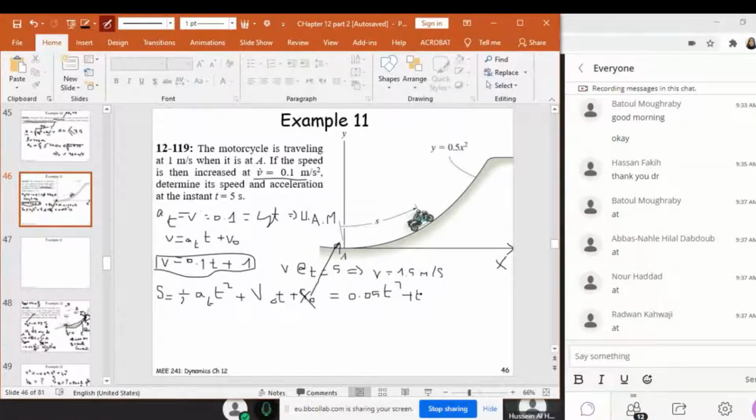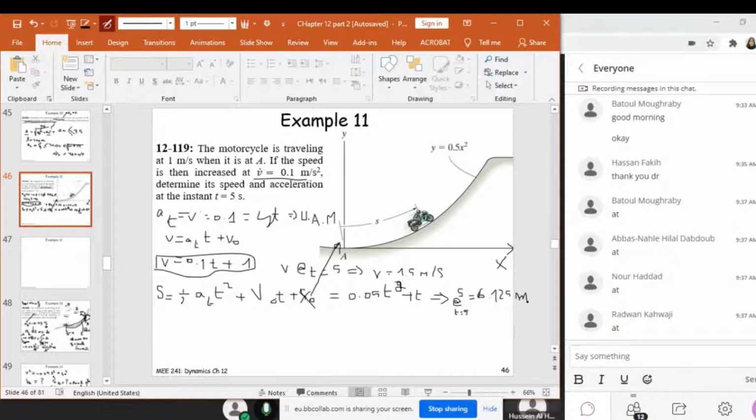All right, guys? So this is the equation of v, and this is the equation of s. Now I can find s at t equal to 5 seconds. I substitute t by 5, and this will be 6.125. This is s, and of course, this is in meters.